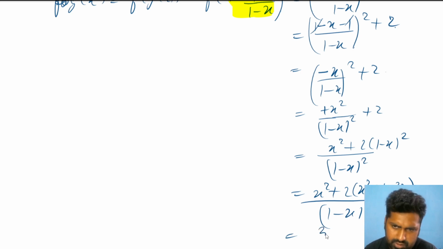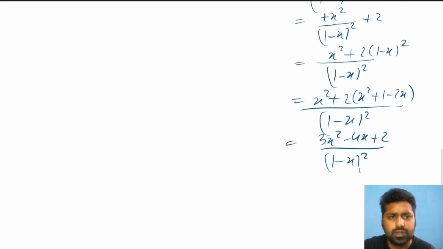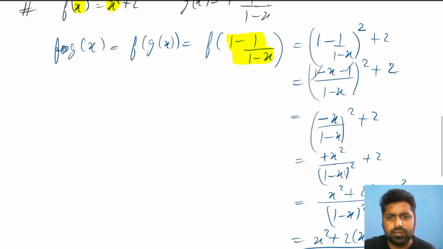This becomes 3x square minus 4x plus 2 upon 1 minus x whole square. Anyways, we can solve it as per the requirement, but that's the idea. If only you get this step correct, you can further solve it down as per your choice.